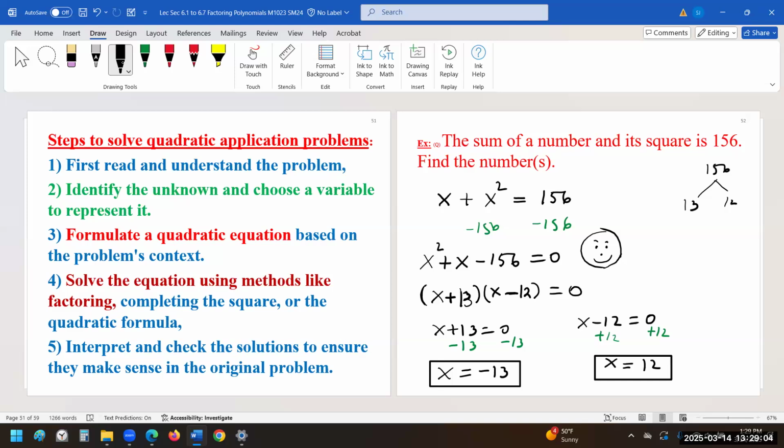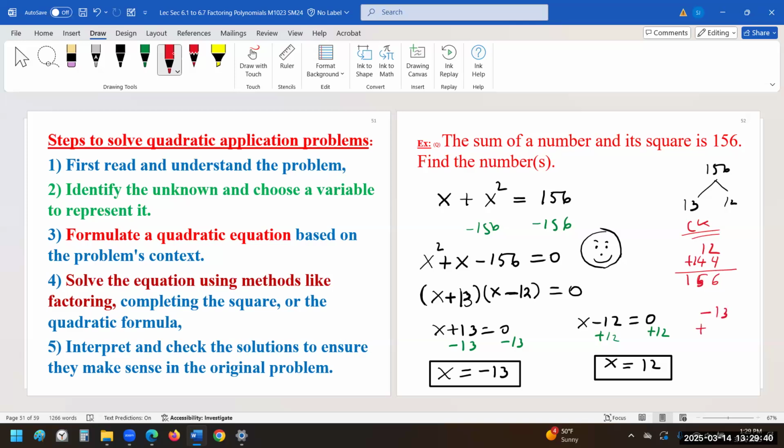And you can actually check your solution whether they're correct or not. 12 plus 12 square. What is 12 square? 144. So 12 plus 144. How much do you get when you add them? 156. Now negative 13 plus its square.